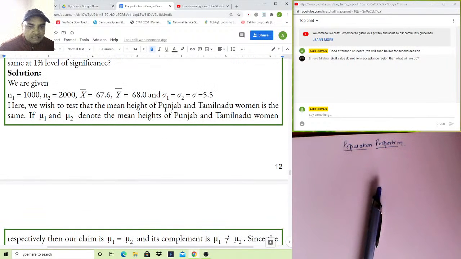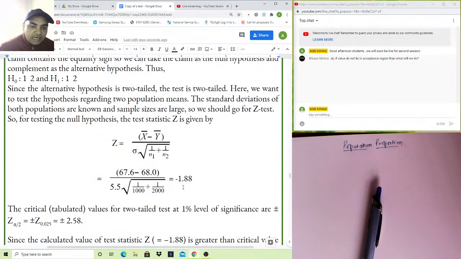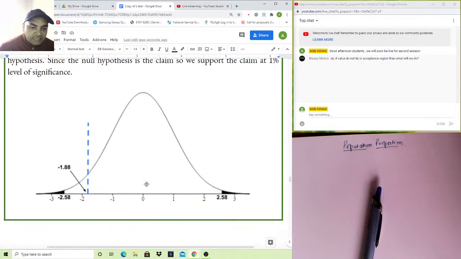Our null hypothesis is that the mean height of a woman of Punjab is equal to that of a woman of Tamil Nadu. We conducted the test and found that our calculated value lies in the acceptance region. Hence, our null hypothesis is accepted, that the mean height of a Punjab woman is equal to the mean height of the Tamil Nadu woman.